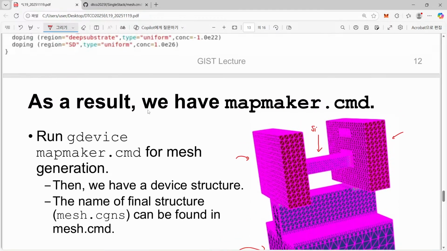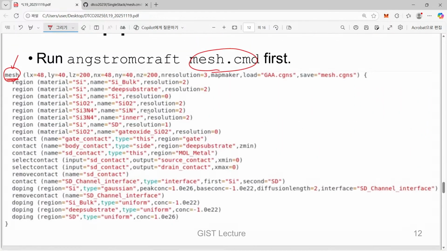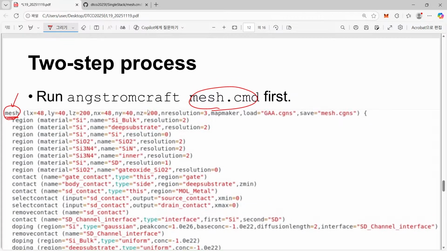What is the controlling parameter for this resolution? Here you can see this number, resolution 2202. This is used to control the size. If you say resolution equal to 0, that is the maximal resolution. Maximal resolution for us right now is 1 nanometer, so a 1 nanometer cube is used for this part.